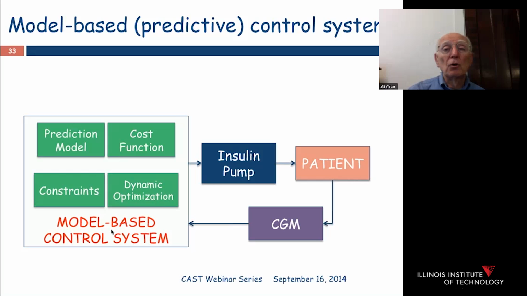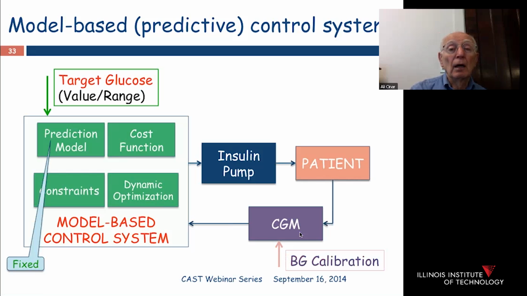In the case of model predictive control systems, if you look at the key components, the prediction model, cost function, constraints, and dynamic optimization, the model-based control system is an excellent candidate for regulating the blood glucose levels. And the prediction model is usually fixed. The target glucose, either as a value or as a range, is provided.